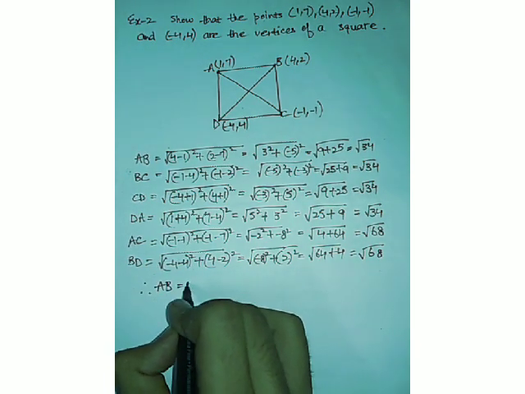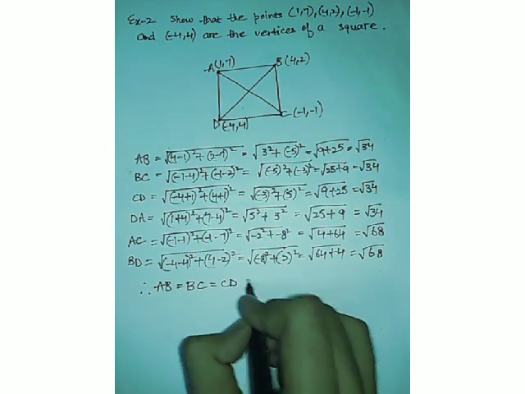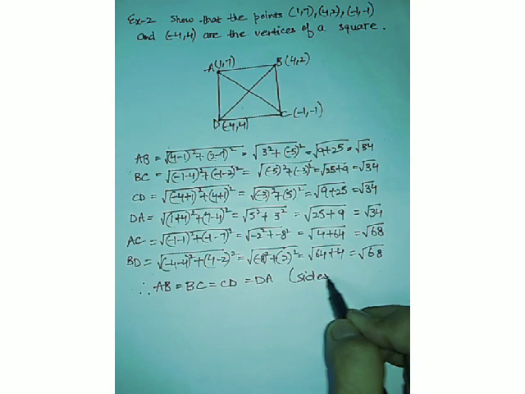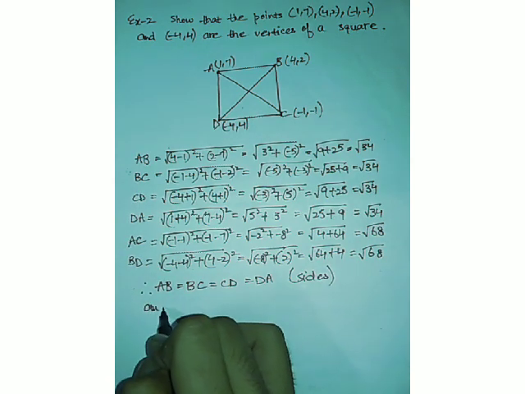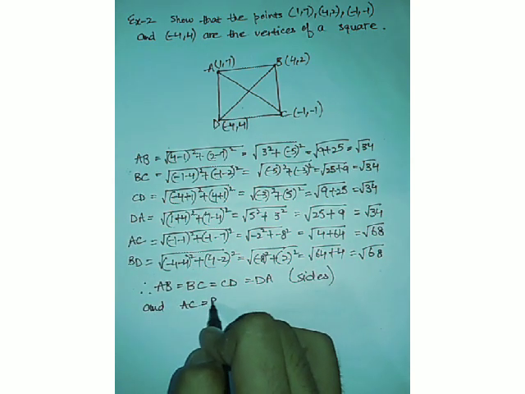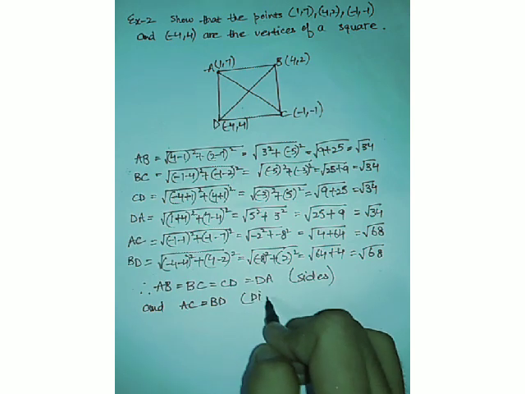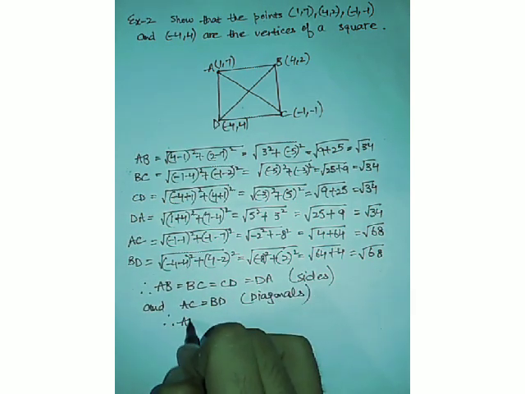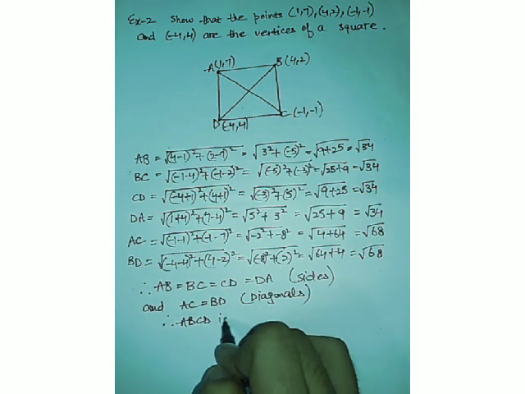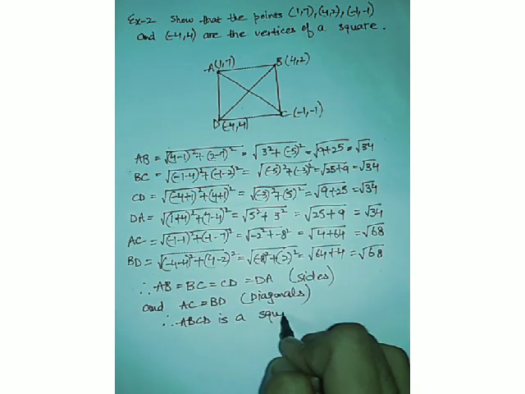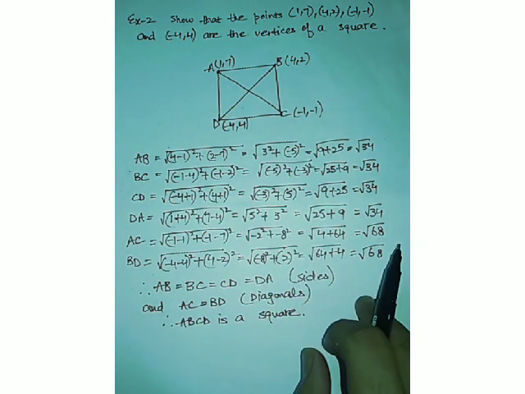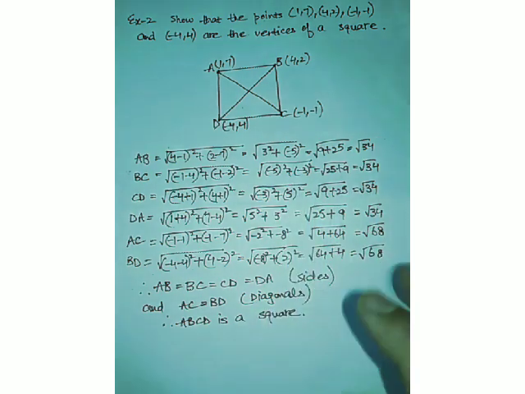Therefore AB equals BC equals CD equals DA, which are all the sides, and AC equals BD, that is the diagonals. Therefore ABCD is a square. So this is how we can prove that the given points are vertices of a particular geometrical shape or not, using only the distance formula.